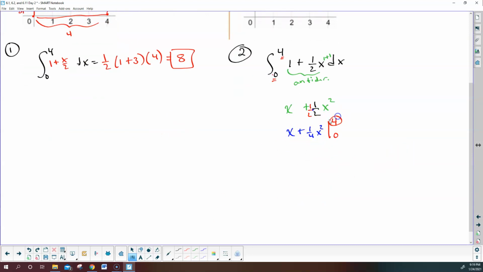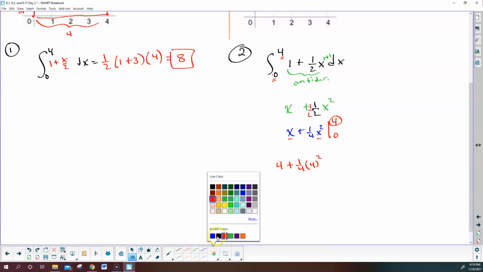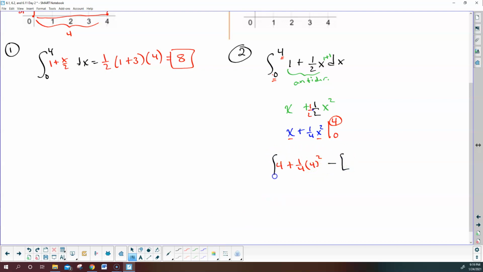Well, now I'm going to take 4, and plug it into both of these spots. So 4 plus 1/4 times 4 squared. And then we're going to actually subtract the value at 0. Now what happens if I plug in 0 right here? 0 plus 1/4 times 0 squared.